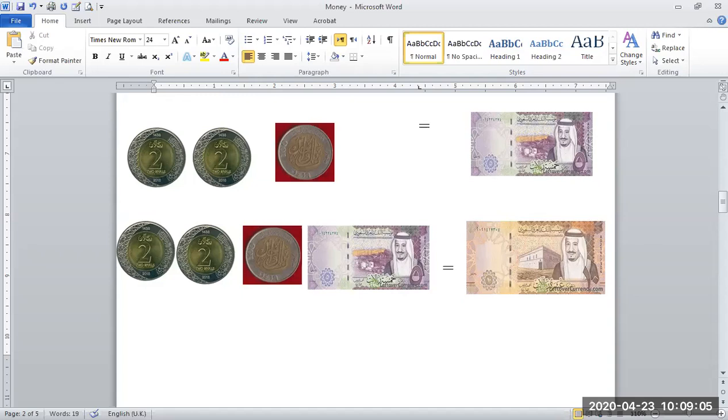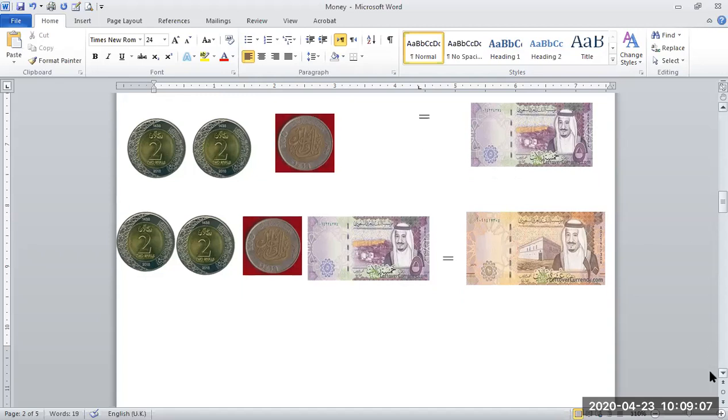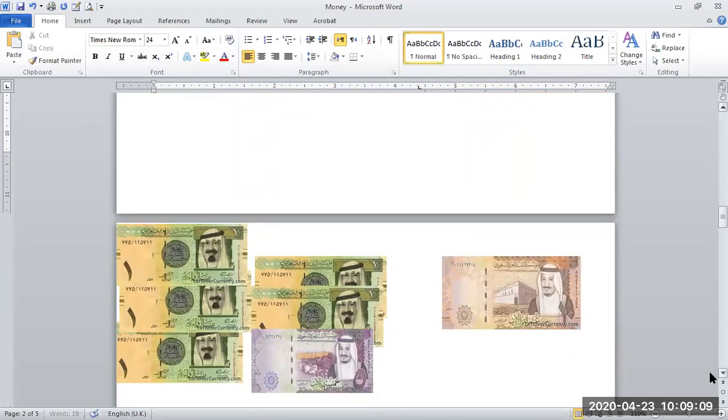This is equal to 10 riyal. And next, you can also use it like this. For example, this is 1 riyal. 1, 2, 3, 4, 5, and 5 more, 10. This is also equal to 10 riyal. Here you can write it is equal to 10 riyal. Okay, boys, understand this only.